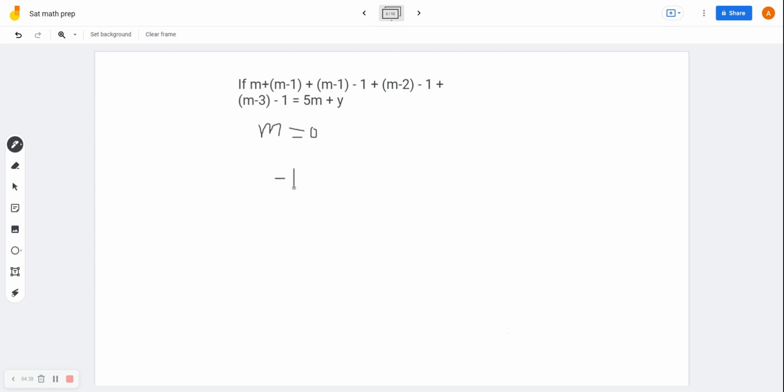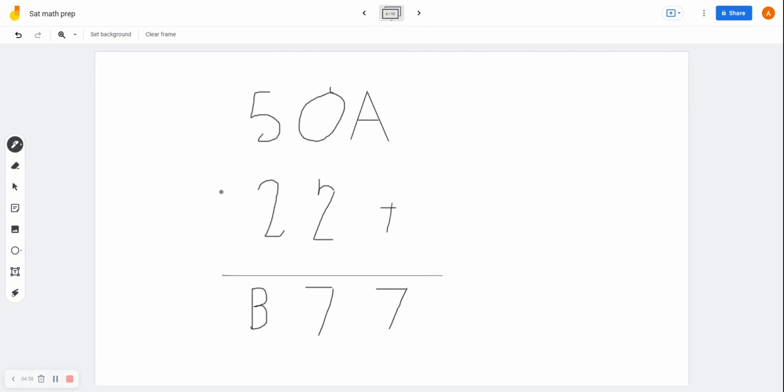And then we have minus 1, minus 1, minus 1, minus 2, minus 1, minus 3, minus 1 equals y, since the m terms just become nothing when you put 0 here. And then we know that minus 10 equals y. Next one.